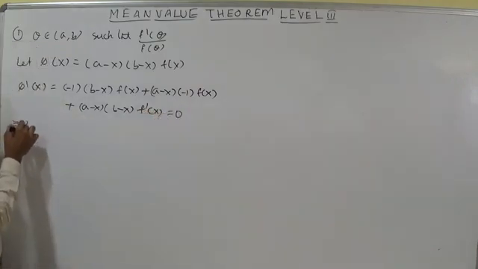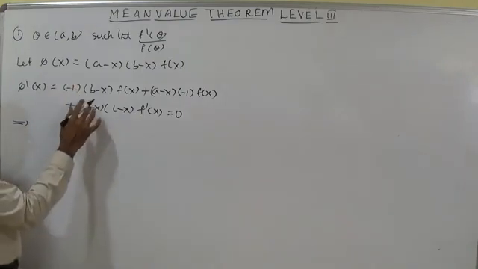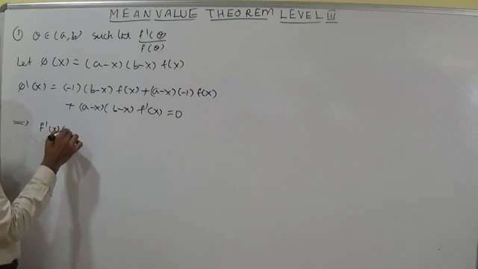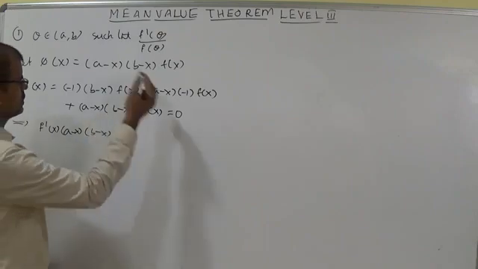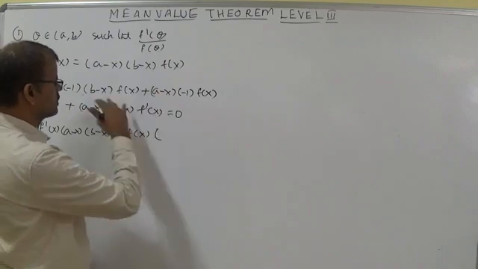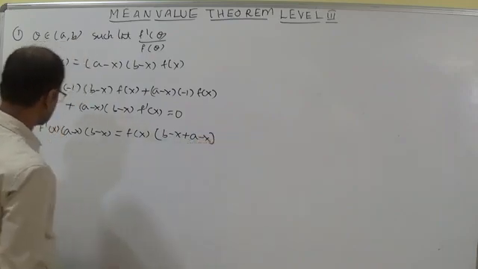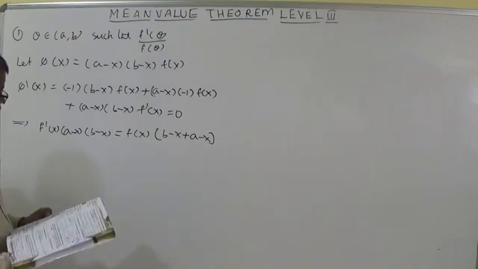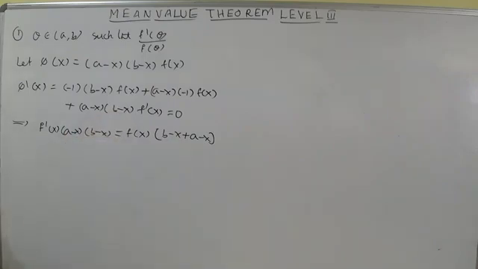That implies, phi dash of theta I am writing. Okay, let us discuss this one. f dash x into a minus x into b minus x is equal to, taking the other terms to that side with minus, b minus x plus a minus x times f of x.